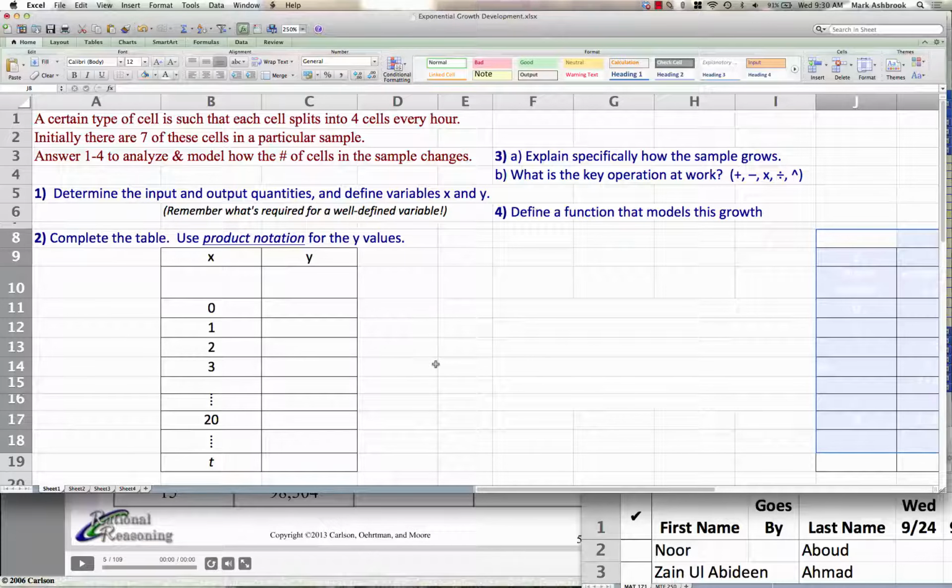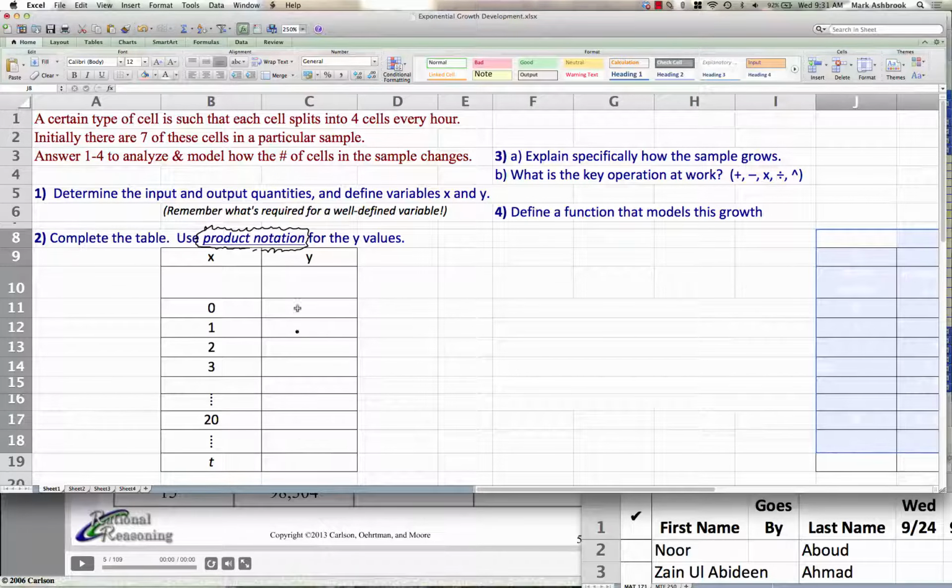Okay, determine input and output quantities, define variables x and y. We're going to keep doing this all semester, practicing defining variables well. Complete the table. I want you to use product notation. See this right here? Practice product notation because this is really what it's about.